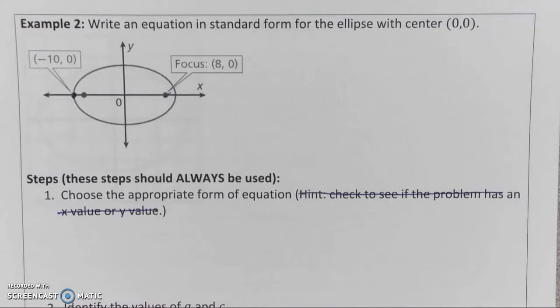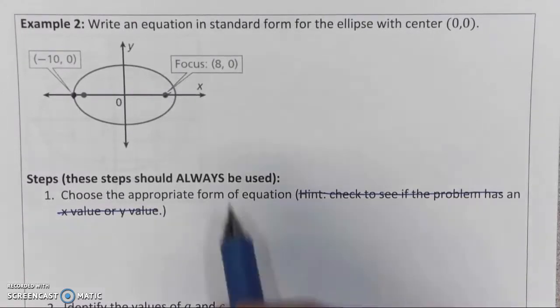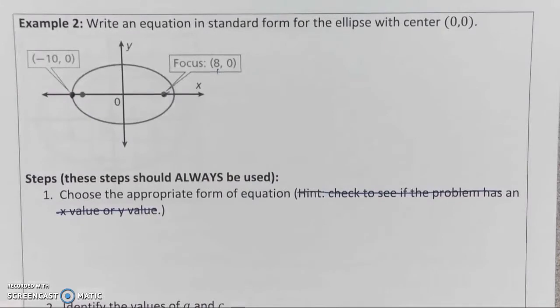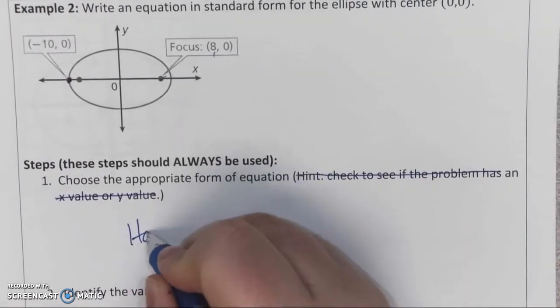And what you would notice is that the focus, depending on whether your major axis is horizontal or vertical, is going to change. If it's horizontal, then your focus is going to have a C value that's in the X spot. So this is in the X spot. So you have an 8. So this one is definitely going to be horizontal.